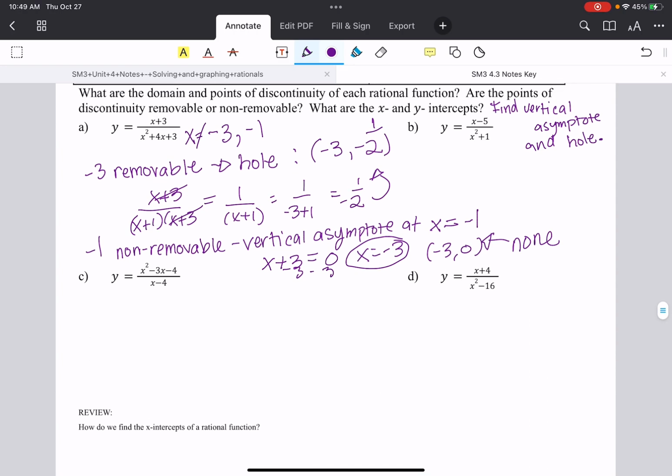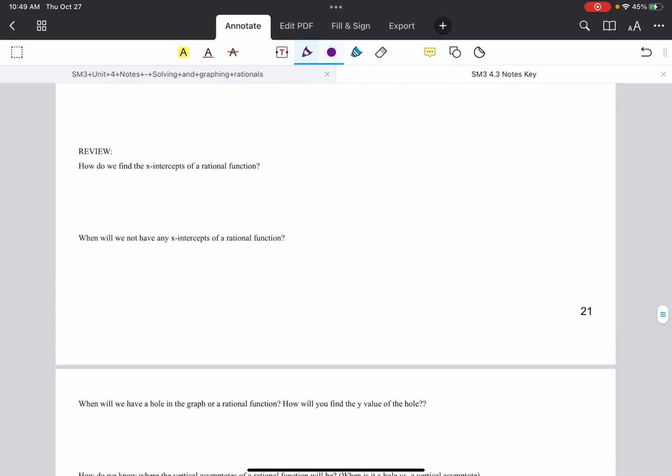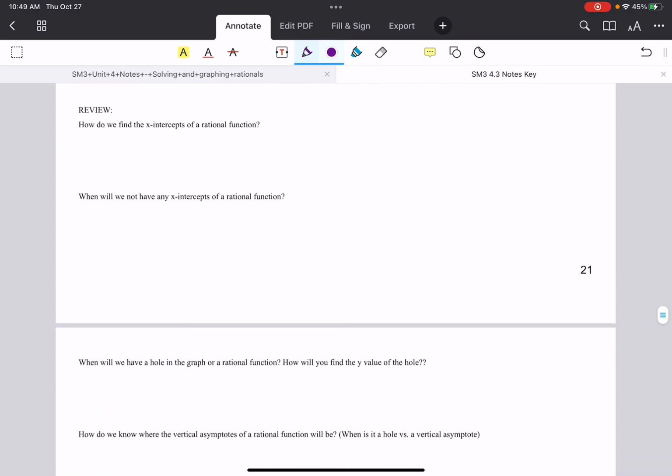You guys are doing great. So how do we find x-intercepts of a rational function? Set the numerator equal to 0. When will we not have any x-intercepts on a rational function then?